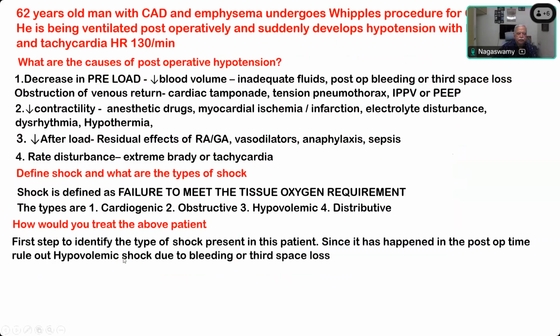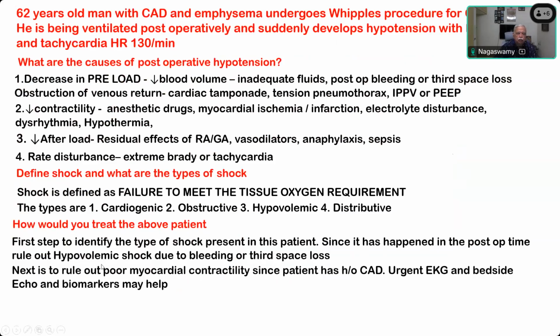So first step is to identify the type of shock present in this patient. With regard to the clinical scenario that has been given, the first step is to identify the type of shock. Since it has happened in the post-op time, rule out hypovolemic shock due to bleeding or third space loss, number one.